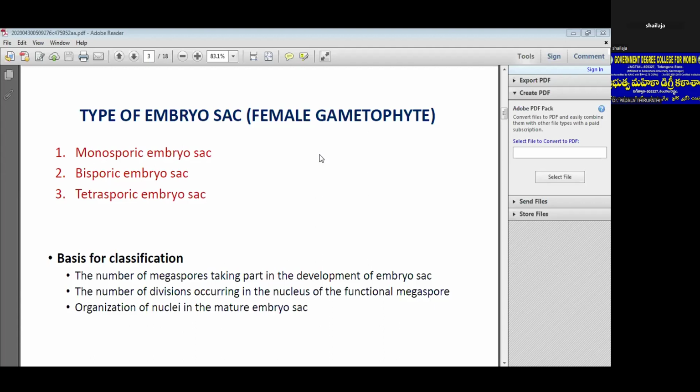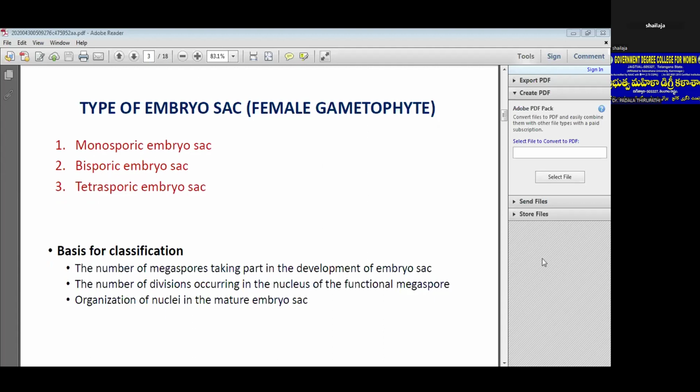So they are monosporic, bisporic, and tetrasporic. The basis for classification is mainly the number of megaspores taking part in the development, the number of divisions occurring in the nucleus of the functional megaspore, and the organization of nuclei in the mature embryo sac.